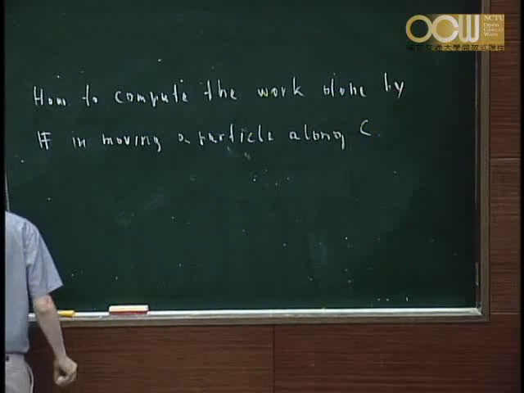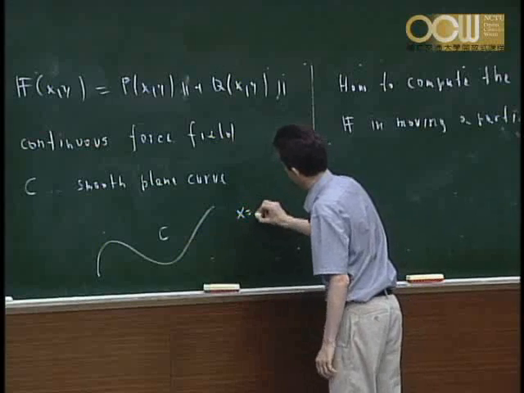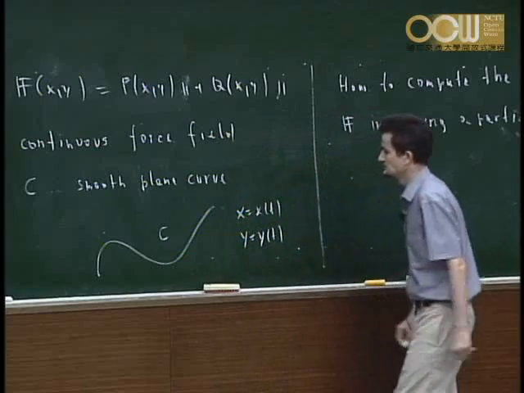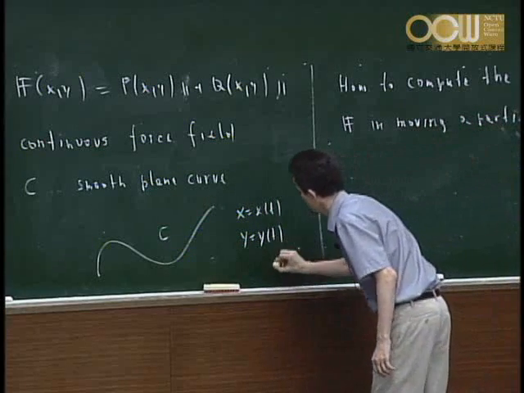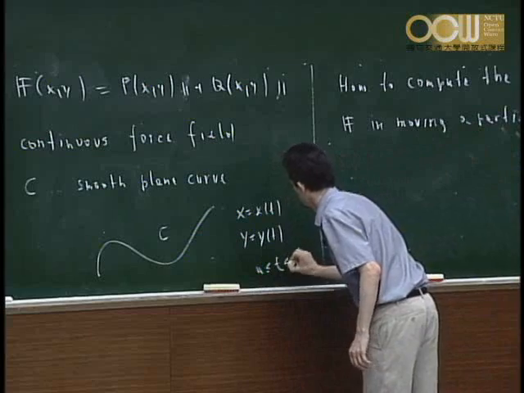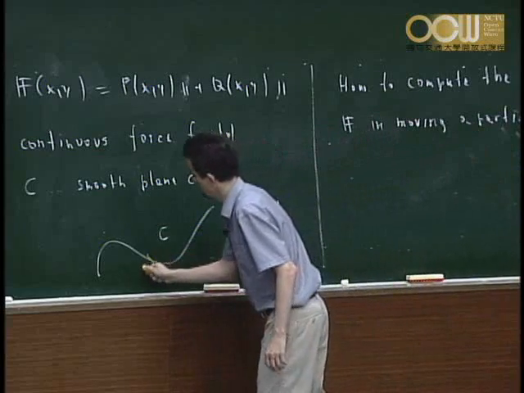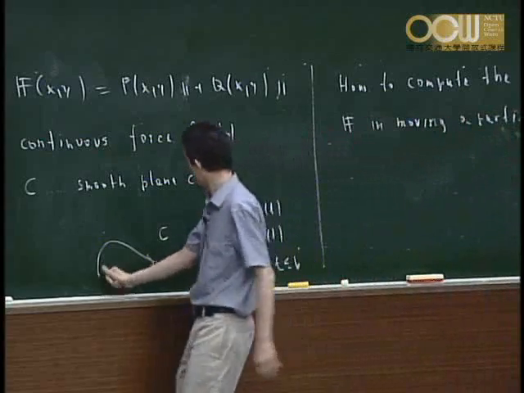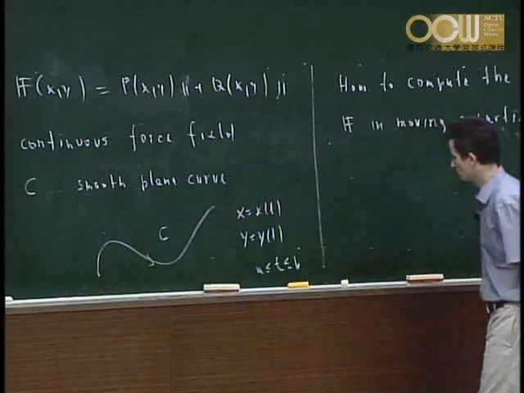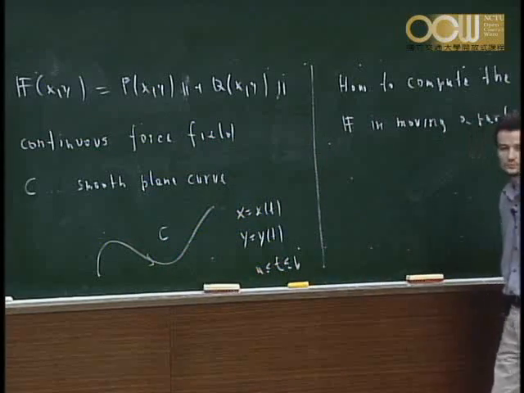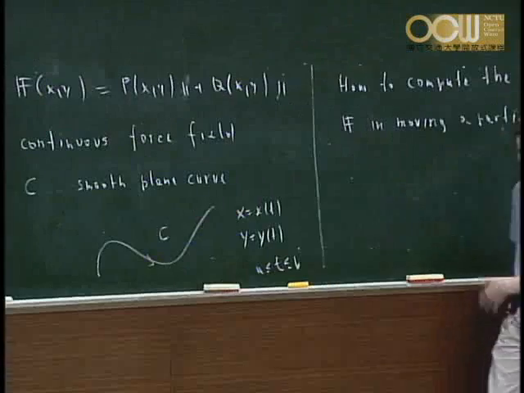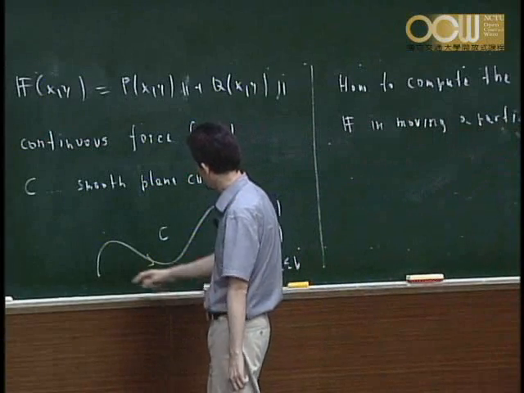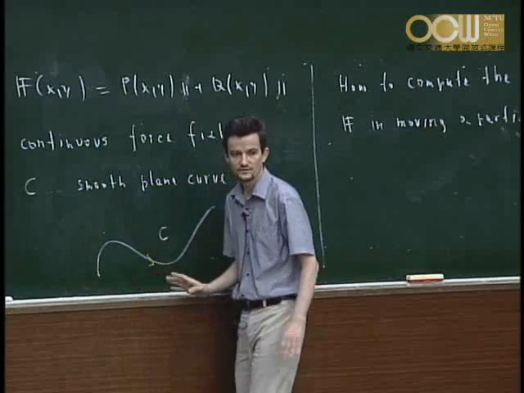In order to solve this, again we say that we have a parametrization of the plane curve where t is between a and b. We walk in this direction, so we move the particle from here to here. Now, the first thing you want to do is approximate. Because we know that if this curve were a line, it would be easy to compute.